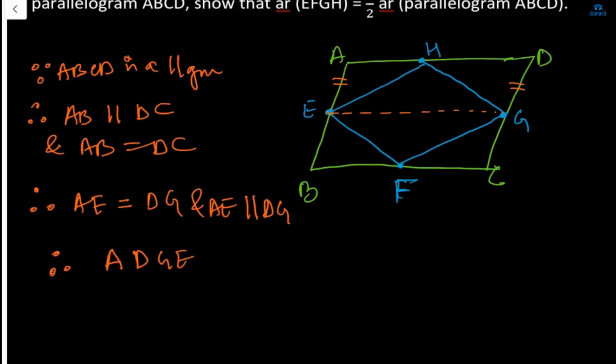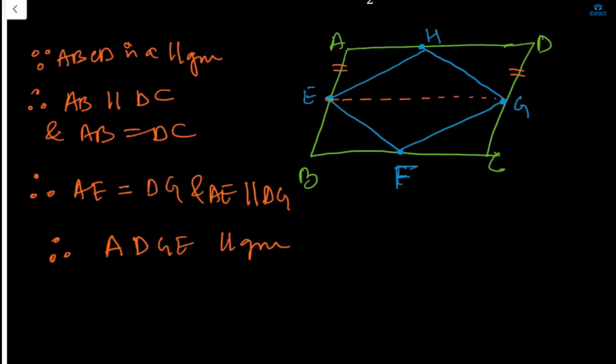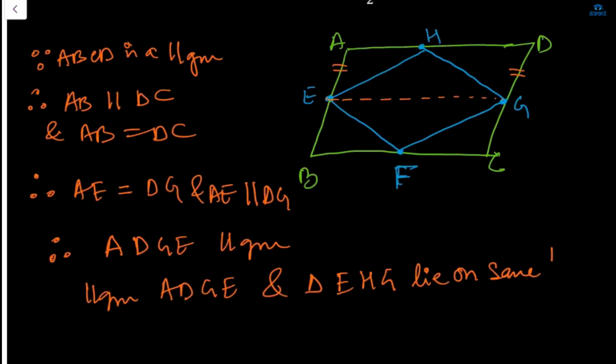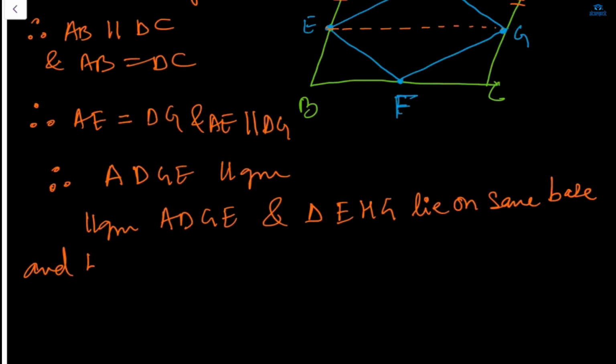ADGE will become a parallelogram. Yes or no? Because AE is parallel to DG and AE is equal to DG, therefore ADGE will become a parallelogram. Now since it is a parallelogram, in this parallelogram ADGE and triangle EHG lie on the same base and between the same parallel lines.